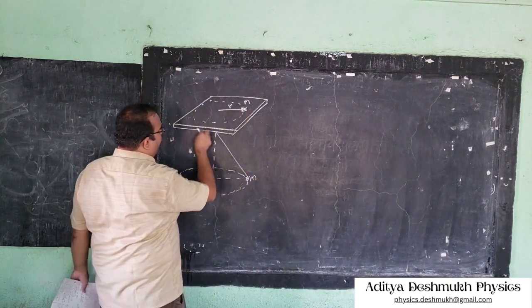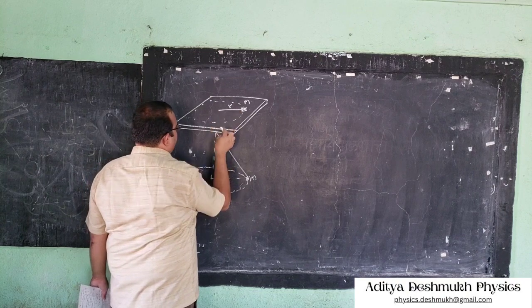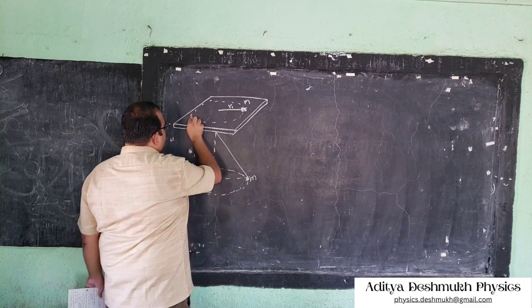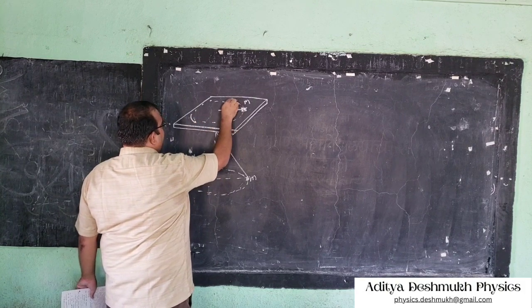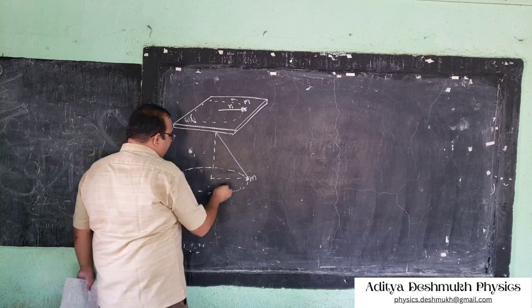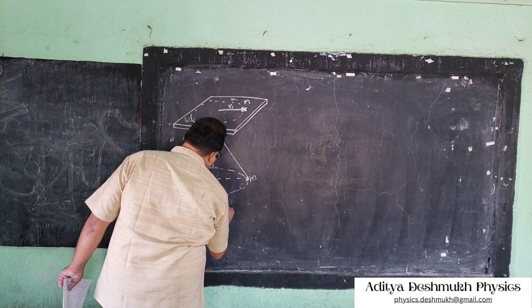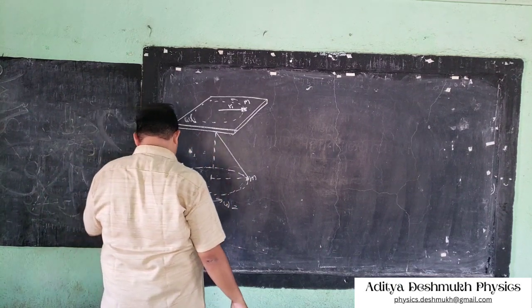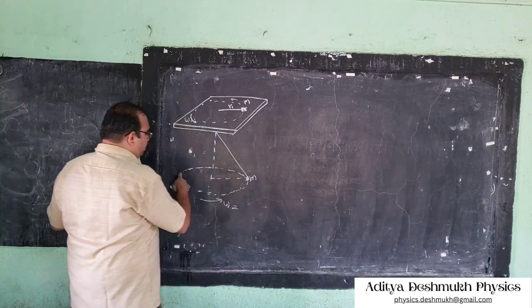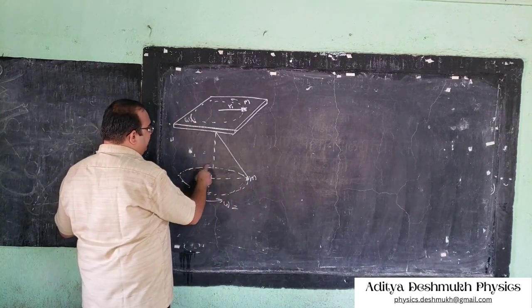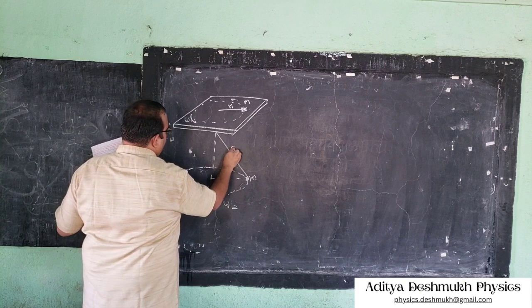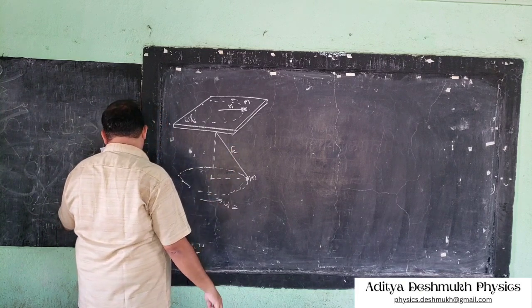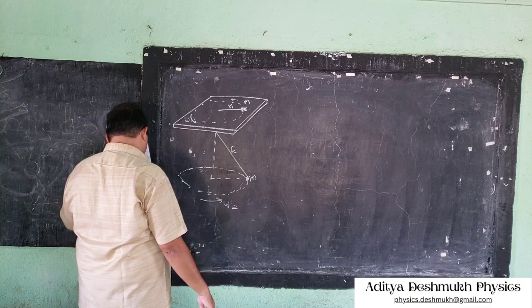So this is the string. One end of the string is on the table, and this system is rotating with omega 1. This system is rotating with omega 2, and the particle which is hanging is following a conical pendulum motion.